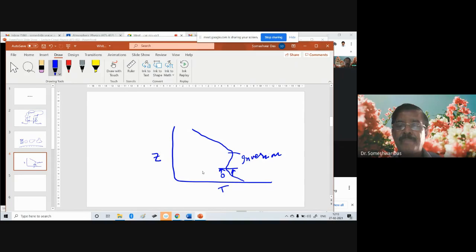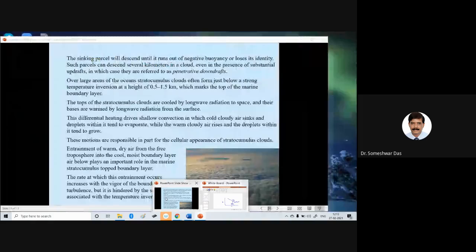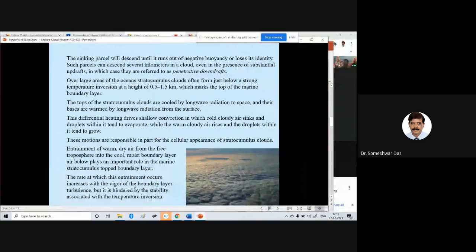Similarly, the cloud air above this, which is sinking down, is prevented by this inversion layer. It depends upon the vigor of the boundary layer turbulence, but it is also hindered by the stability associated with the temperature inversion.